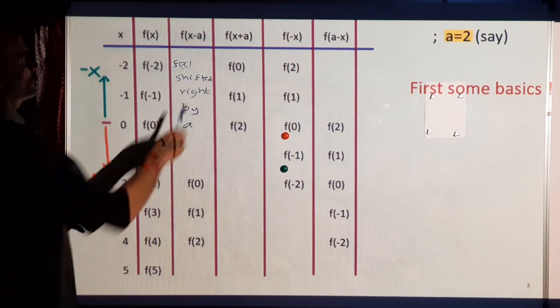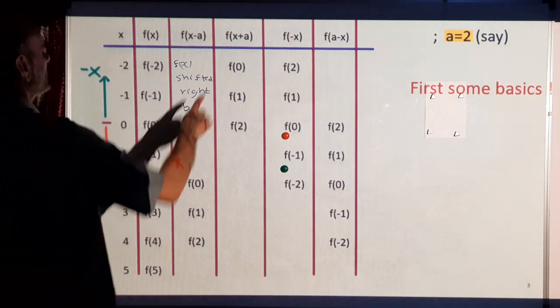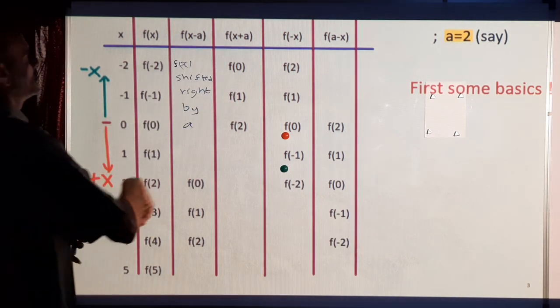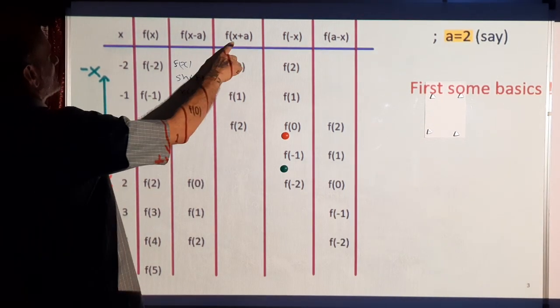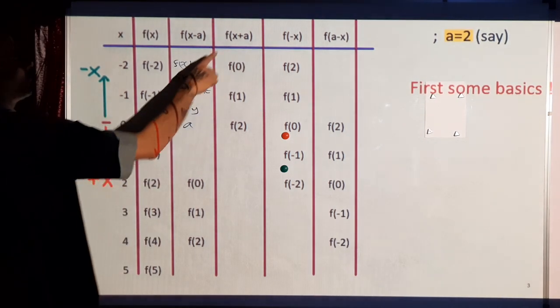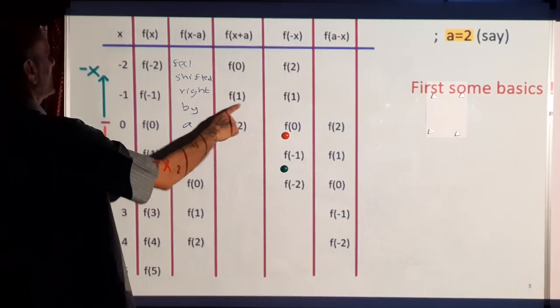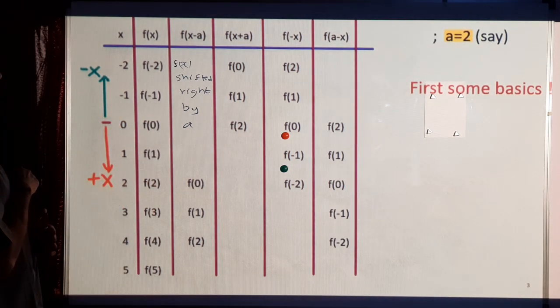Next, consider the function f of x plus a, where a is a positive number. It will take the value f of 0 at x equal to -2, because at x equal to -2, -2 plus 2 is 0. At x equal to -1, -1 plus 2 is 1, so it will take the value f of 1 at x equal to -1.